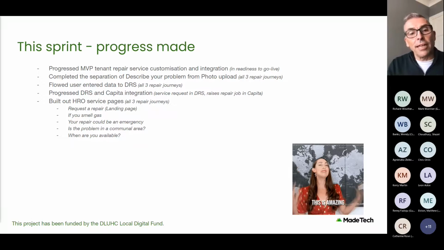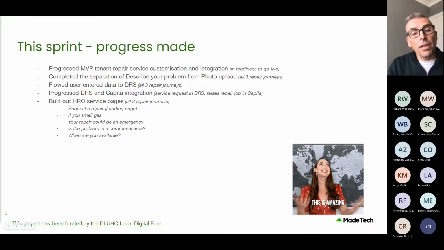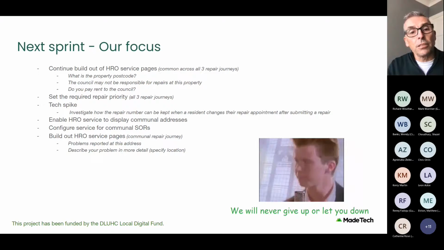We've flowed entered data to DRS that enables the customer service agents to remove any PII data that may exist. We've progressed the integration between DRS and Capita, which enables the repair job to be raised in Capita when there's a service request within DRS. And we built out service pages which are common across all the 3 repair journeys, and this is some of those that we've built.